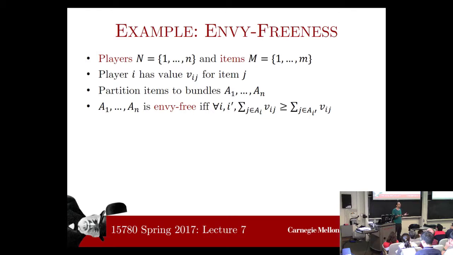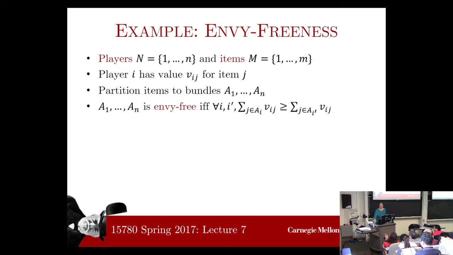Think about two players, two items, where both players prefer the same item. I give that item to one player and then the other is envious. Or an even more extreme example: only one item and two players. I give the item to one player, the other is envious. So that's a great question, and the answer is definitely no. I can't always satisfy envy-freeness. In fact, what we're going to try to do is write an integer program that tells me whether an envy-free allocation is feasible.